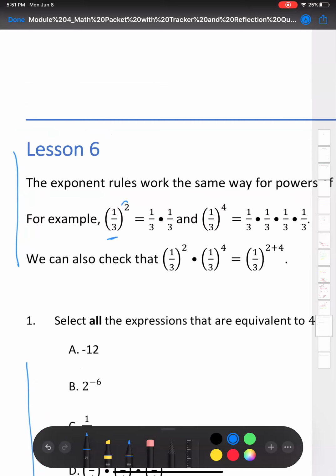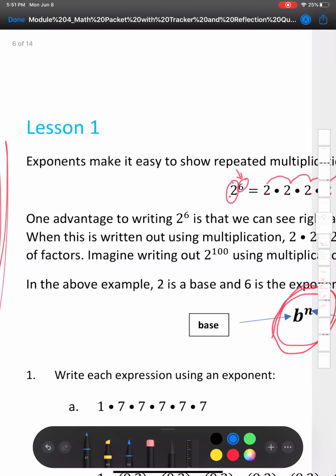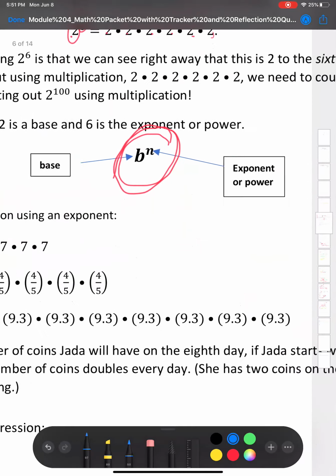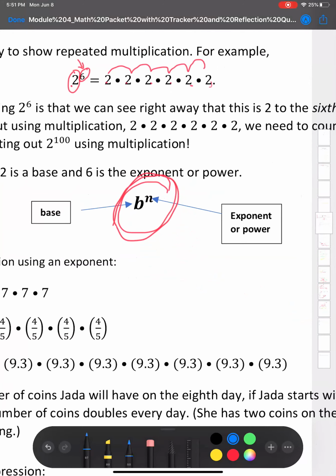1/3 squared is equal to 1/3 times 1/3. Okay, now which rule is this? Well, you guys, this is the very first rule that we worked with. The rule where we say that the base. Okay, let me erase this.